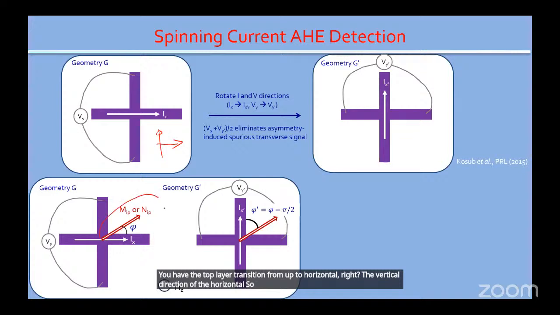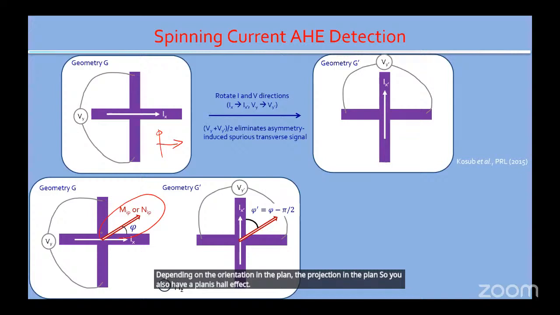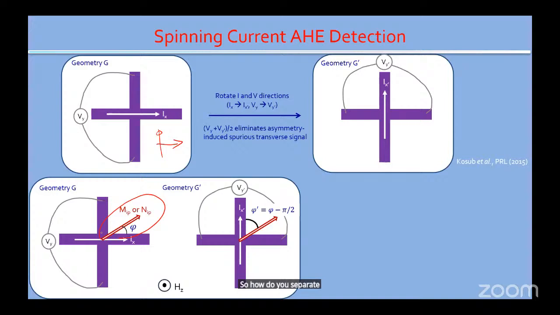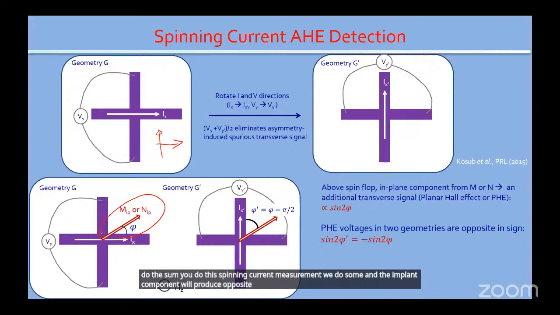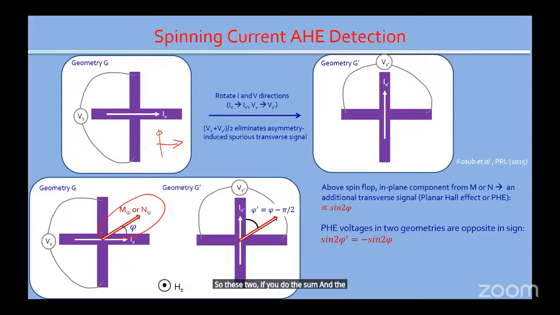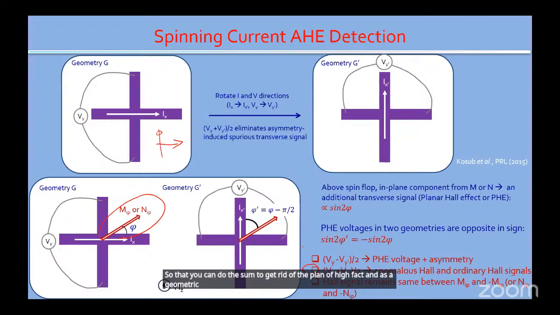When you have this horizontal moment, depending on the orientation in the plane, the projection in the plane, you also have a planar Hall effect. So how do you separate this effect? It's a very interesting way. If you do this spinning current measurement and take the sum, the in-plane component will produce opposite signals in the two Hall channels. So if you do the sum, the planar Hall effect will be canceled out, so you can do the sum to get rid of the planar Hall effect and the geometric asymmetry effect.